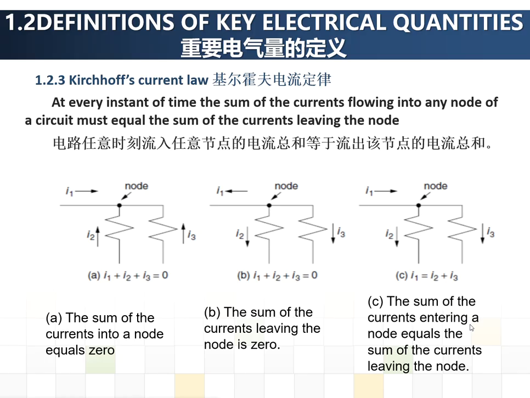Graph A shows the sum of the current into a node equals 0. Graph B shows that the sum of the current leaving the node is 0. Graph C shows the sum of the current entering a node equals the sum of the current leaving the node.